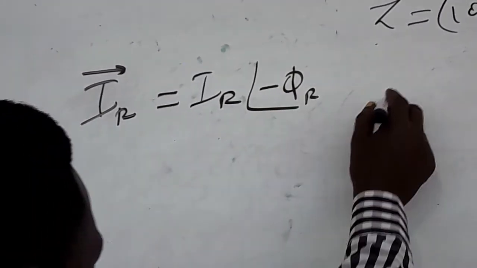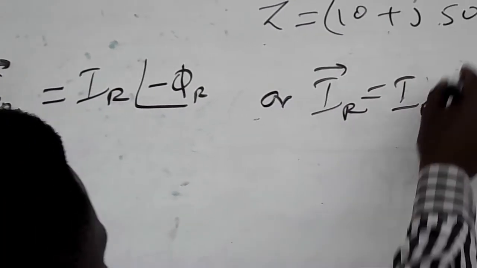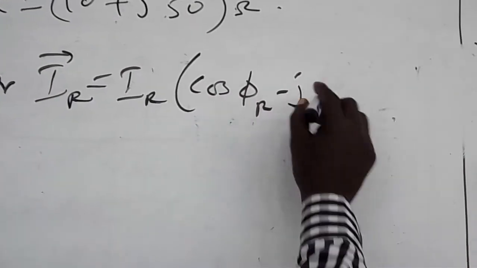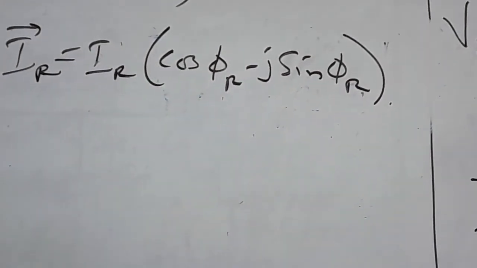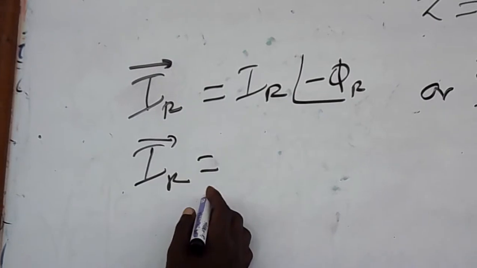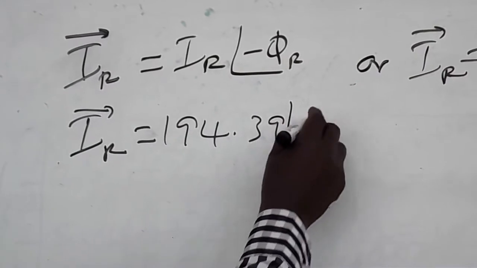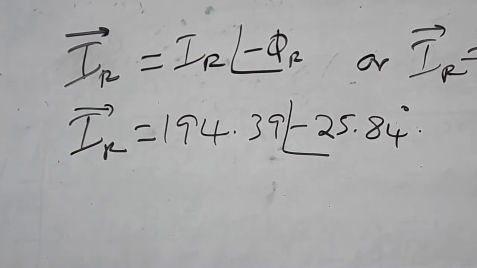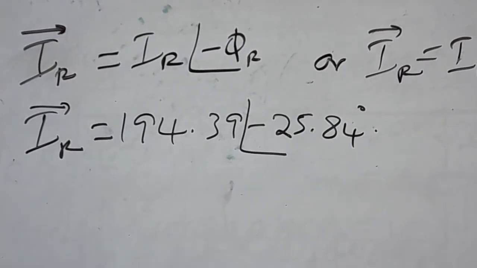It is lagging behind by 25.84 degrees. This is polar form, or we can have the same as IR cos phi R minus j sine phi R. This will give us the value in rectangular form. So that IR is now equal to the magnitude 194.39 at an angle of negative 25.84 degrees, which we can as well have in rectangular form.